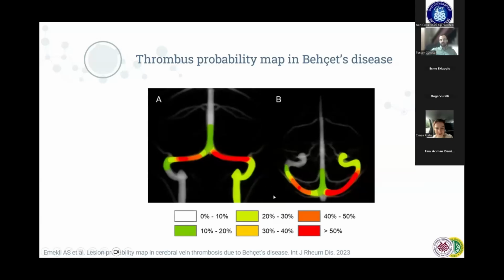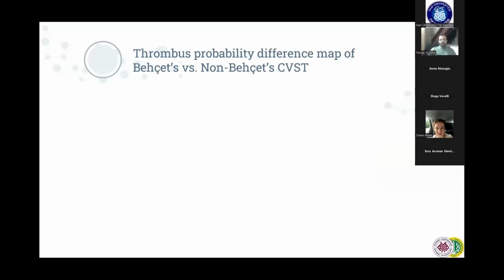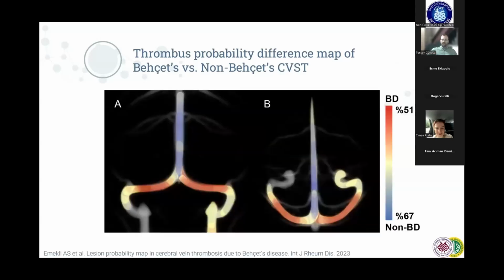So in Behçet's disease, almost all patients had transverse sinus stenosis, and almost 20% of them had superior sagittal sinus thrombosis, but mostly in the posterior part of it. And we also generated a thrombus probability difference map of Behçet's versus non-Behçet CVSTs, which also showed this effect better.